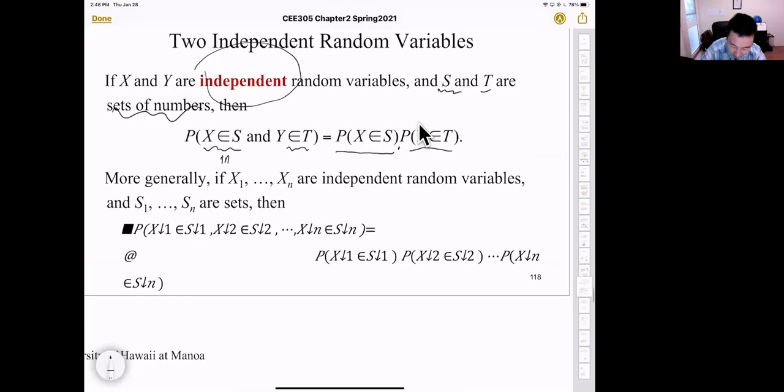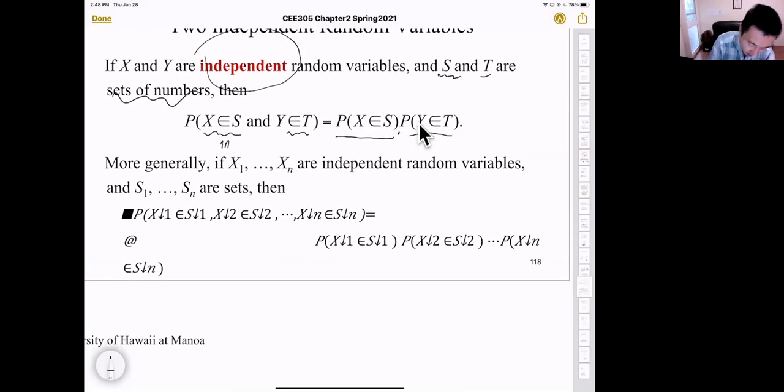All right, so here is something wrong with Word. More generally, if you have more than two independent variables, this is X1 in S1 and X2 in S2, and so on, which is equal to P of X1 in S1 times P of X2 in S2, and so on.